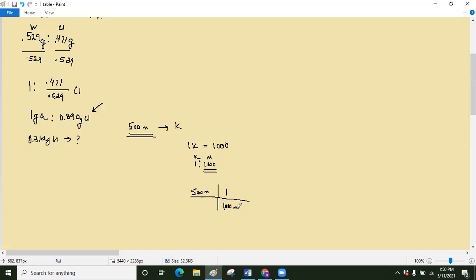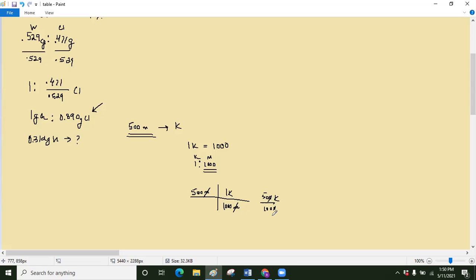So you'd have 1,000 meters, and your meters would cancel out, right? Then you just do a basic problem of arithmetic. You do 500 divided by 1,000, and that would be equivalent to your kilometers.